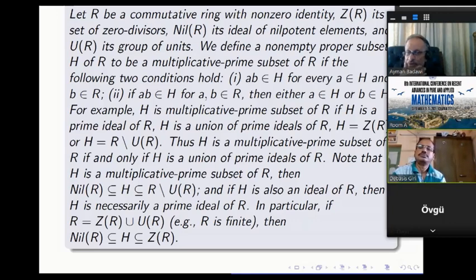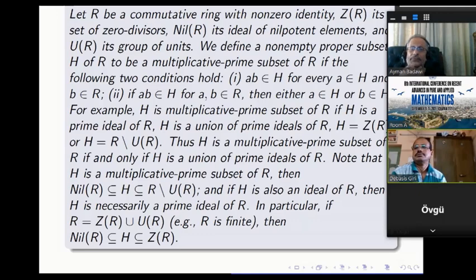I go back to the first condition. I think I gave you the first condition wrong. I said A, B in H for every A in H and B in H. In fact, I want AB in H for every element A in H and B in R. And remember, the ring is commutative, so it does not matter AB or BA.